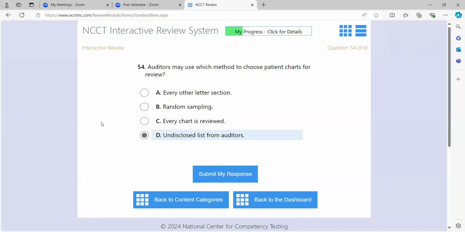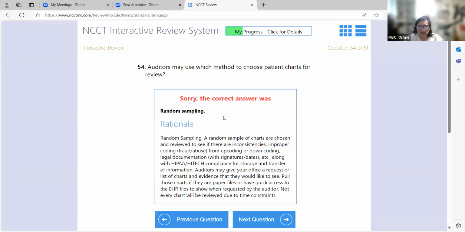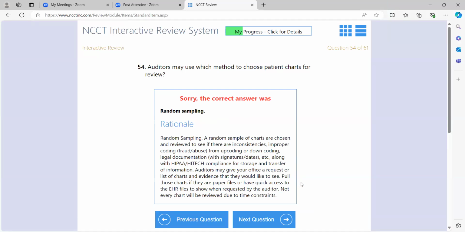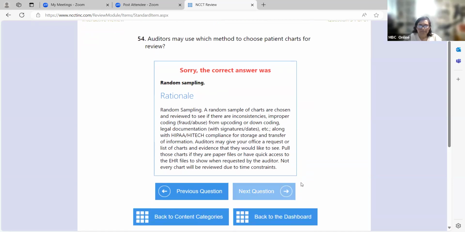I want to say random sampling, but I'm not sure. So I'm going to go with D. Okay, so let's look. It was random sampling. What happens when an audit happens is they typically go in and just pull charts, because they're looking to make sure you're consistent in the office. So whatever they're looking for, they're going to go random and just pull whichever ones they feel like pulling.